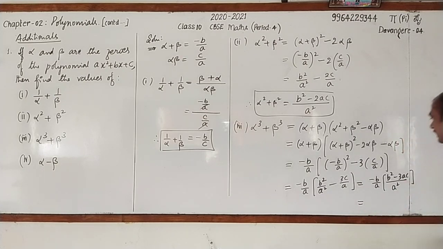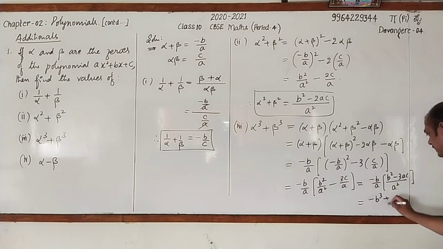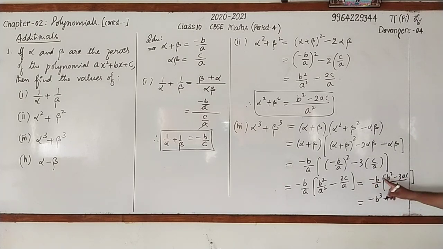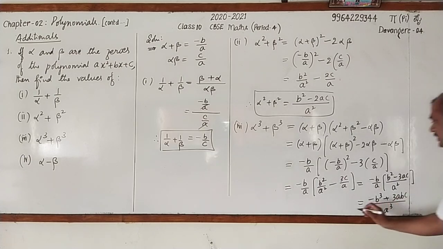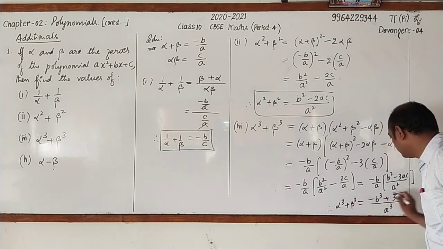Now this can be written as, multiplying, minus b into b square, minus b cube, minus into minus, plus b into 3ac, 3abc, by a into a square, it is a cube. So this is the value of alpha cube plus beta cube.